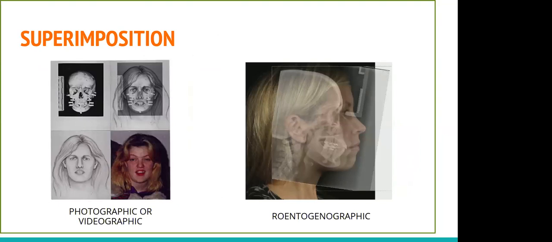I say verify because we are doing a one-to-one comparison in superimposition. The three types are photographic, videographic, and roentgenographic. Photographic superimposition is where we compare the skull with the picture by using photographs. I'll explain this method later. And roentgenographic is where we do the individual comparison with the X-ray.